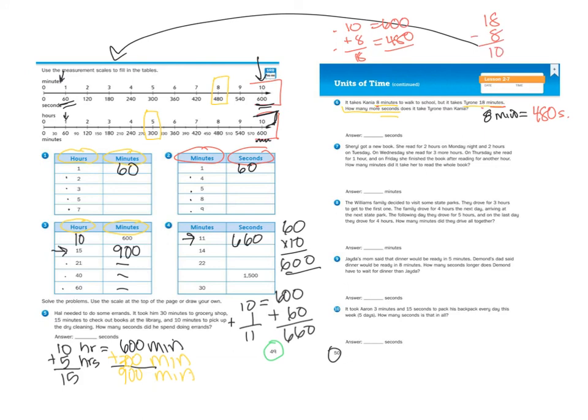So 10 minutes, the answer would be 600 seconds. You are going to continue to work on this on your own. Again, you're going to upload your picture of page 50 as well for your teacher, whether it is Canvas, Seesaw, or in the inbox.